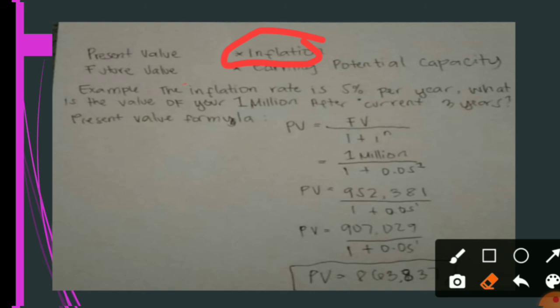So, ganun din ang procedure. So, divide lang natin into 1 plus 0.05 to the power of 1. So, ang magiging present value natin sa current 2 years natin is 907,029 pesos. And last, ganun din ang procedure.